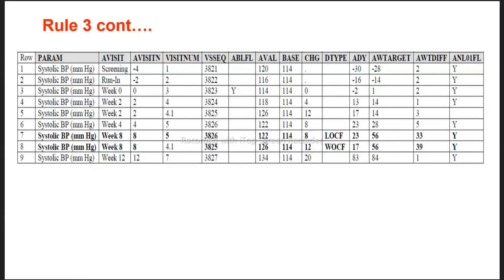At the same time, the sponsor is asking, in the previous observations, what is the worst case that we have? Keep that also. Don't keep only the previous one, keep the worst case also. And what is the worst case value that we have here? In the previous values, 126. Understand this one? This 126 is an unscheduled 4.1 visit. With that, I'm going to create one more observation. Can you see? 126 I populated here. And what method did I follow here? WOCF.